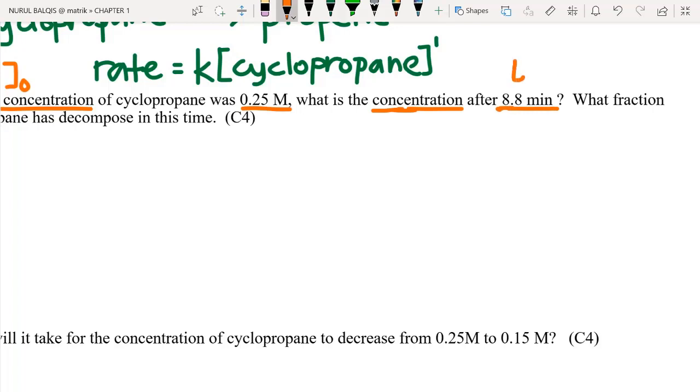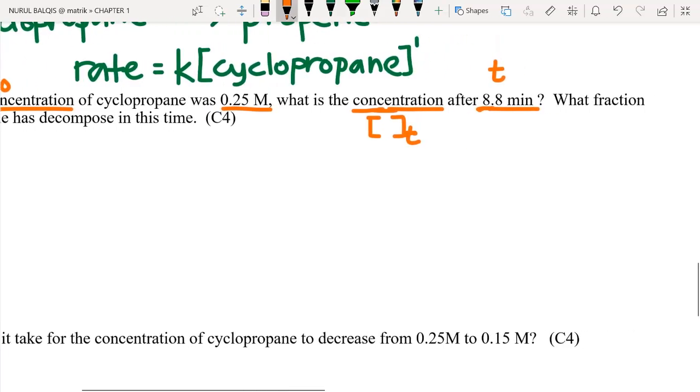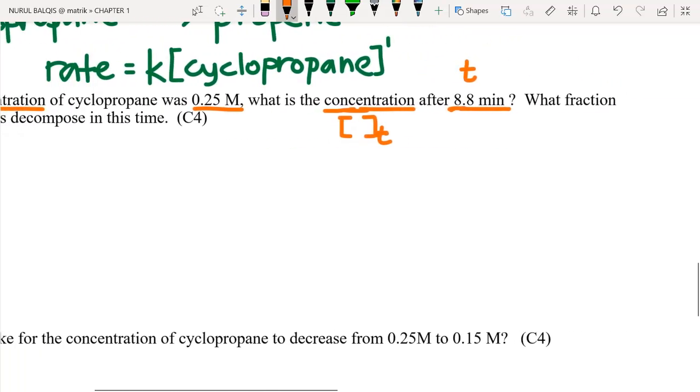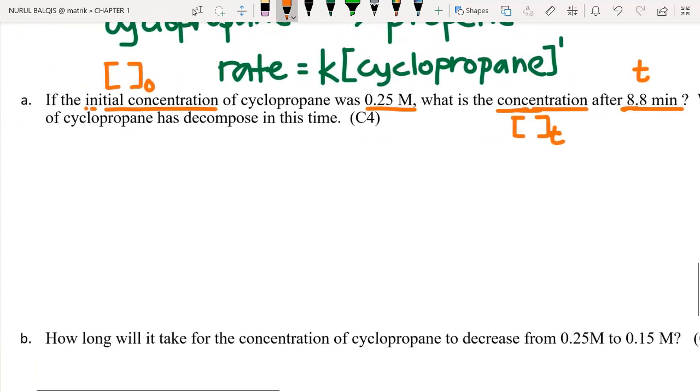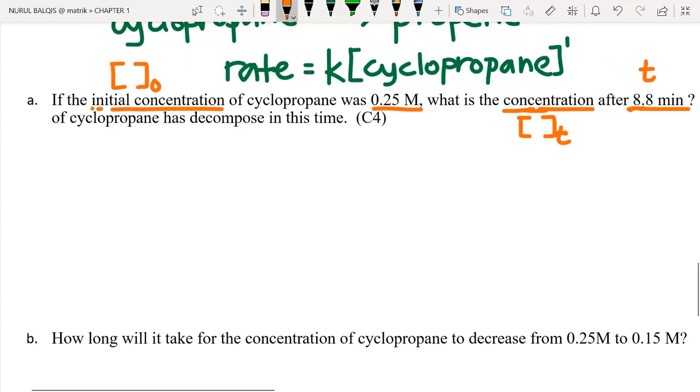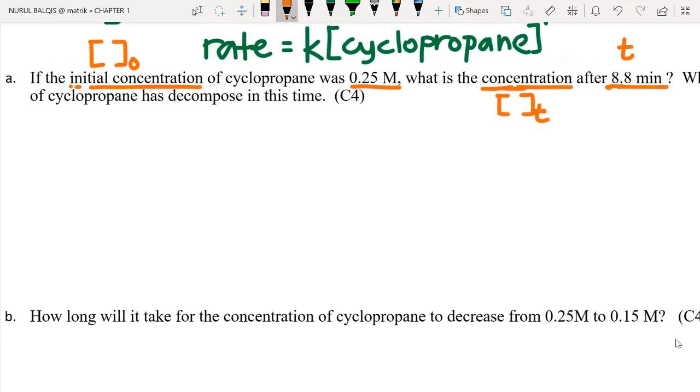So we know that this is gonna be T. Means the concentration that we want to find is after certain period of T. The T is now 8.8. So this is our concentration at T. Alright, so the first question they ask for this concentration, and then they further ask what fraction of cyclopropane has decomposed in this time. Means that they want to know how much cyclopropane has decomposed from the initial concentration.